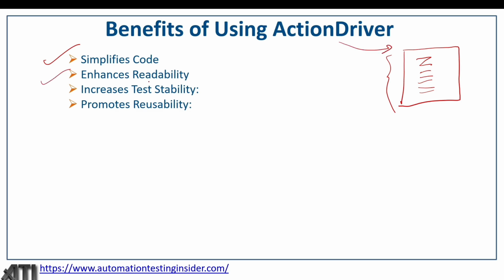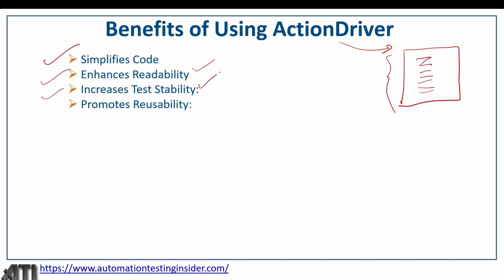It enhances the readability, so for maintenance and for readability, it will be very easy to read all the action related methods at one place, and the code base looks great, right? And it increases test stability as well.